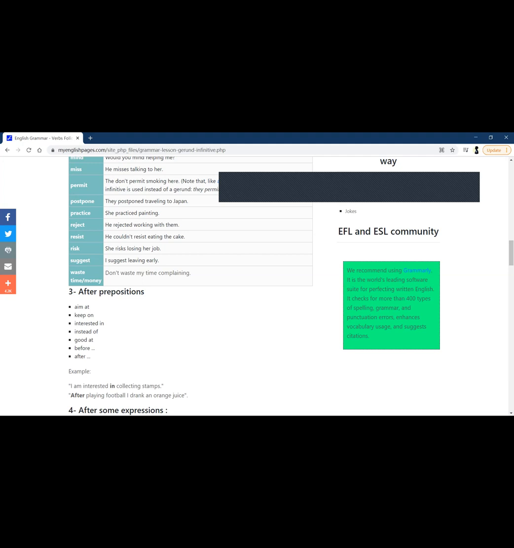And the most important thing is that in English, there isn't exactly a pattern of which verbs are followed by doing, which verbs are followed by to do, and which verbs can be followed by both.